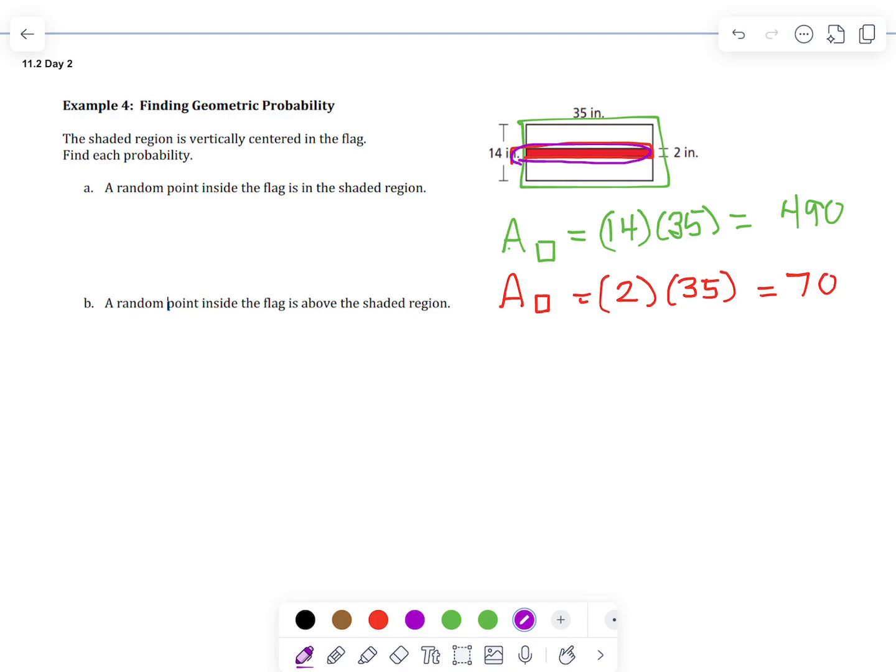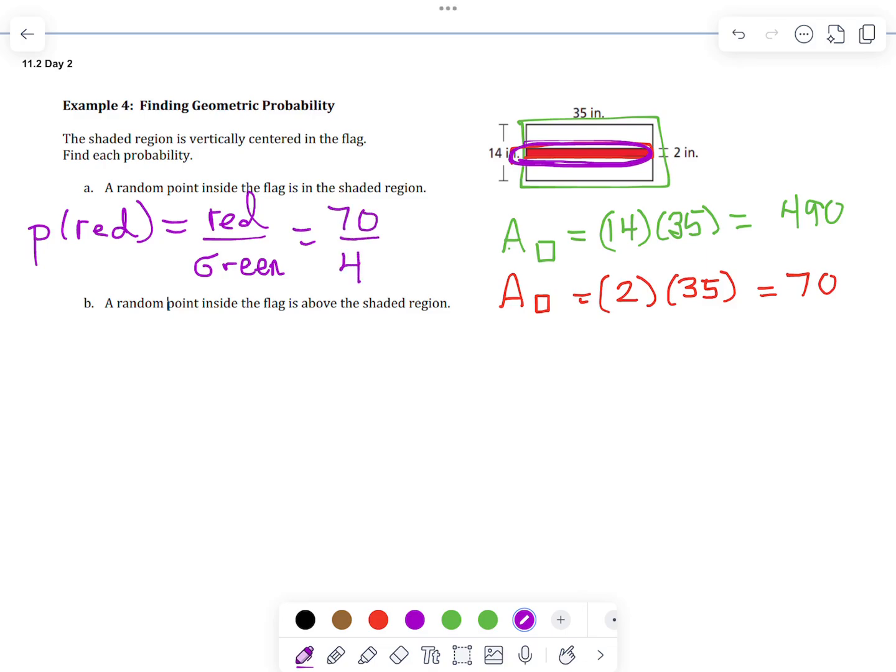So the favorable outcome is this area here out of the entire sample space of the green. So the probability of our red is the red area divided by the green area. So 70 divided by 490, which reduces to 1/7.